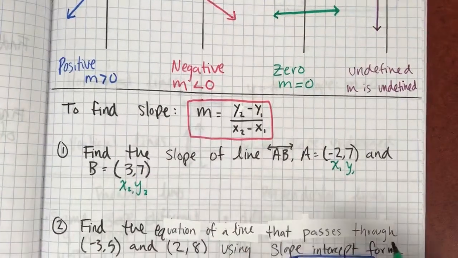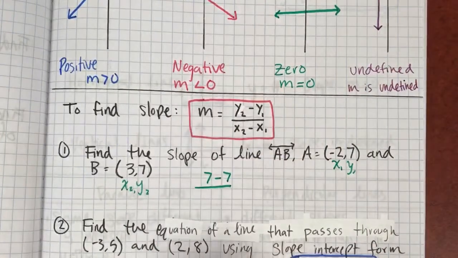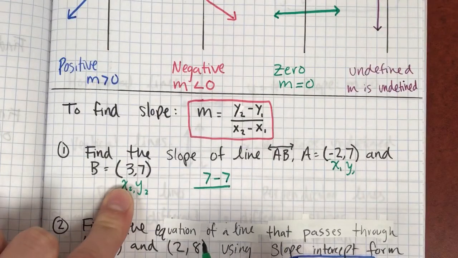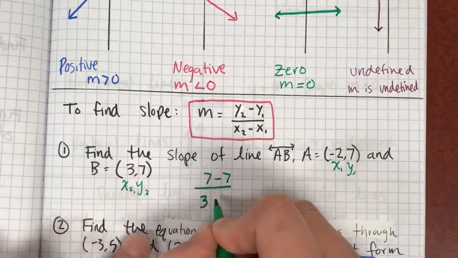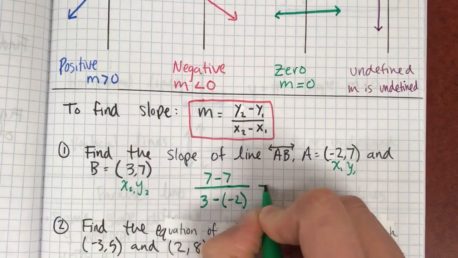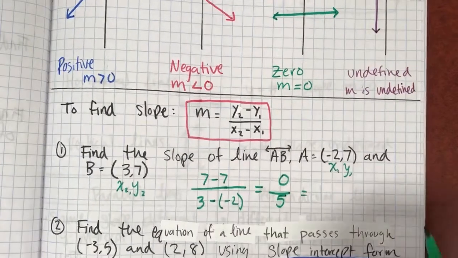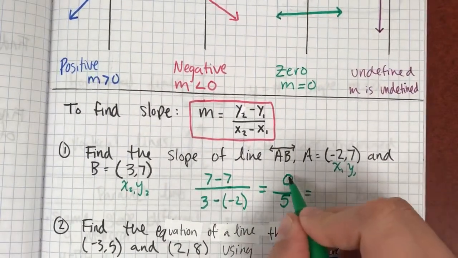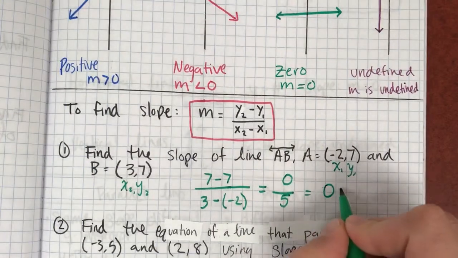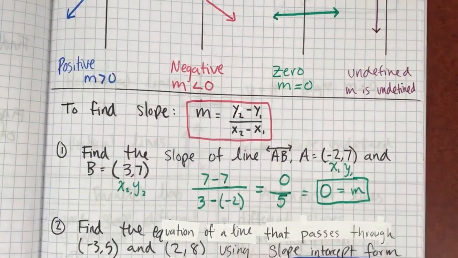First we subtract our 7's, 7 minus 7, over 3 minus -2, the second pair. So this becomes 0 over 5, and 0 divided by anything is just 0. So our slope here is 0. This is just a flat horizontal line.